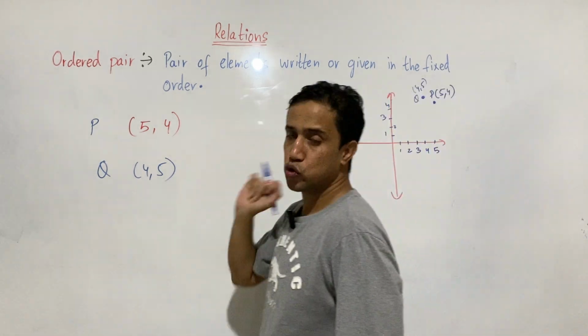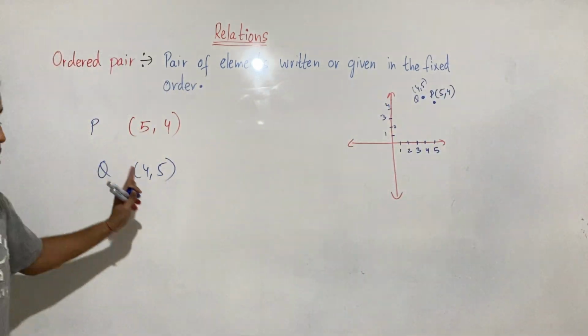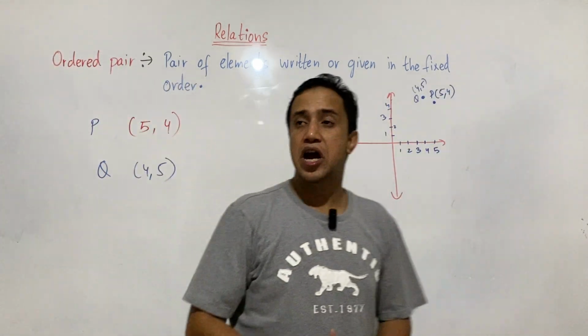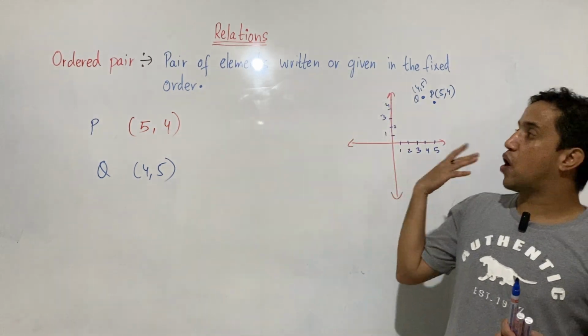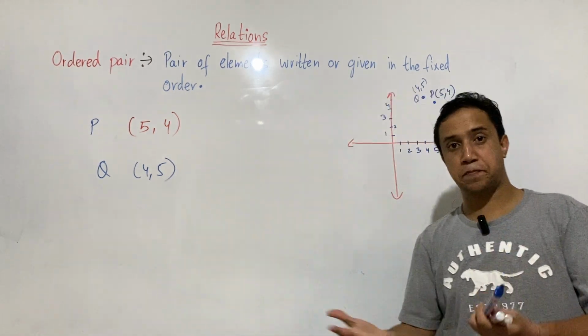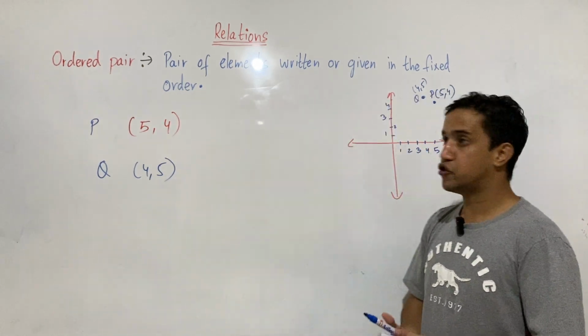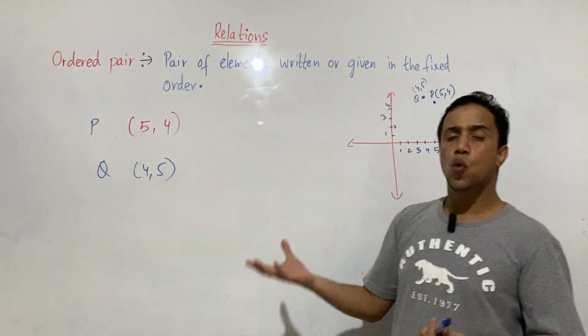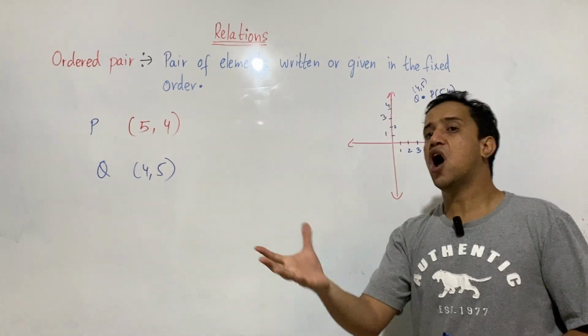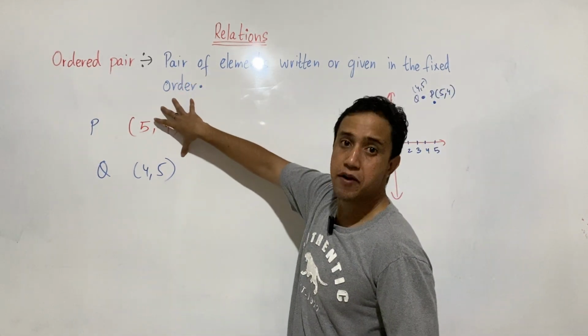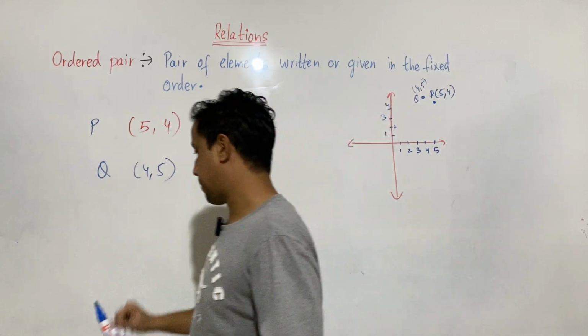The same goes for relations too. Whenever you see ordered pairs in relations later in the session, you will see that the order of the ordered pair matters. Why?